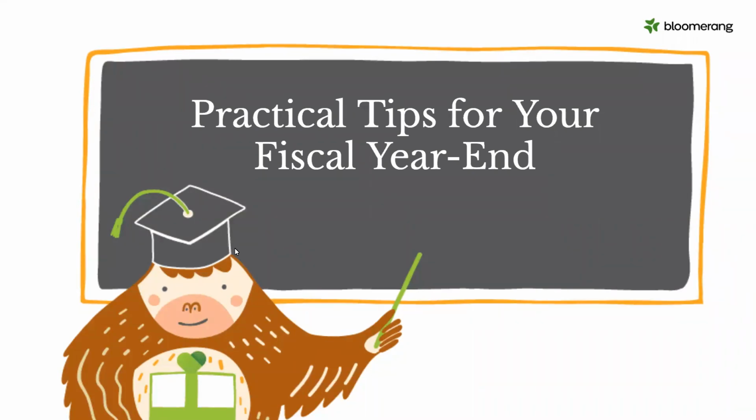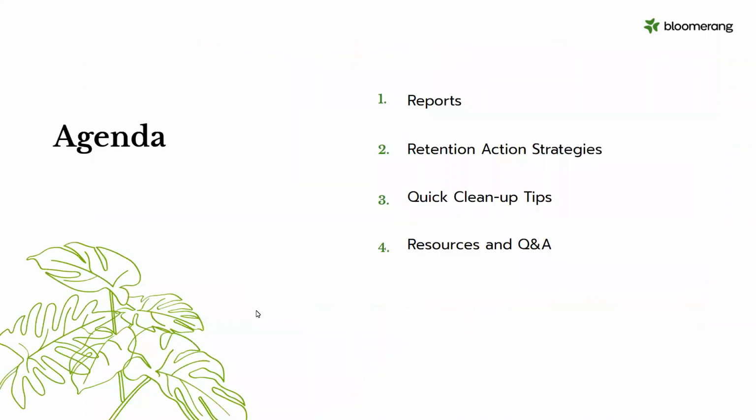For those of you who are on a different fiscal year, it's never too early to think about what you need to do down the road or to get your reports in place for when you need them. So today we're going to be talking about some reports. We'll take a look at some Livewind, pledge reminder, and downgrade reports.